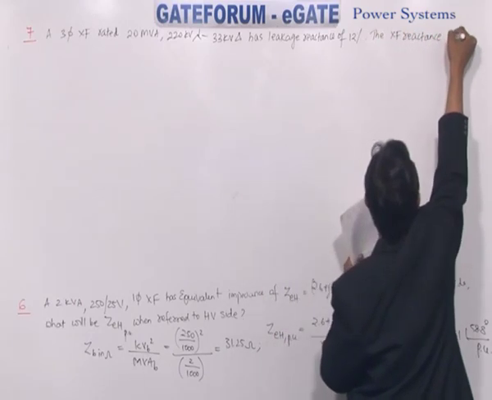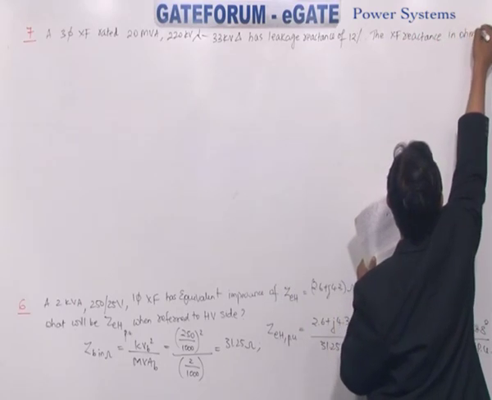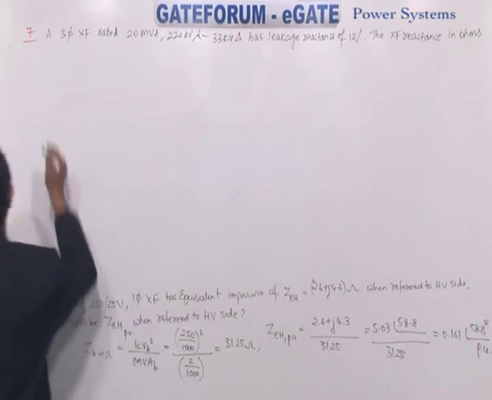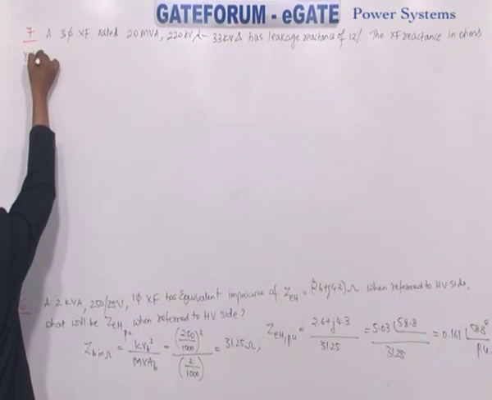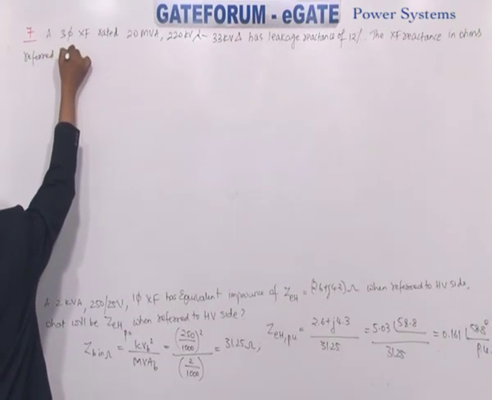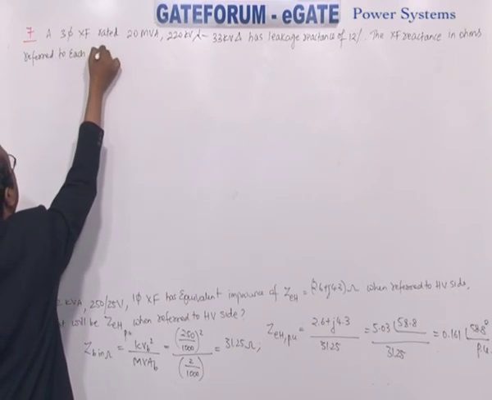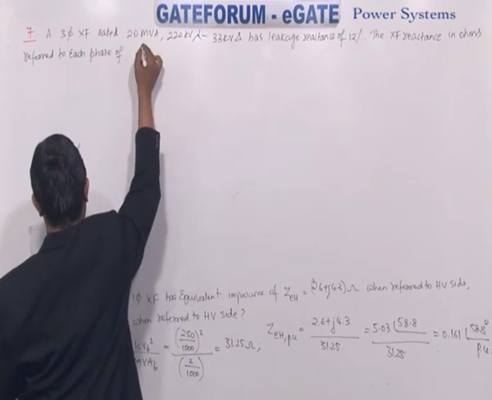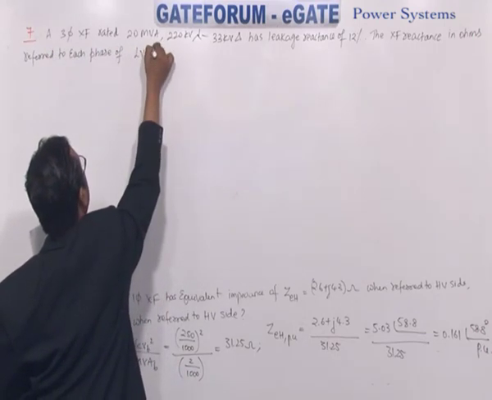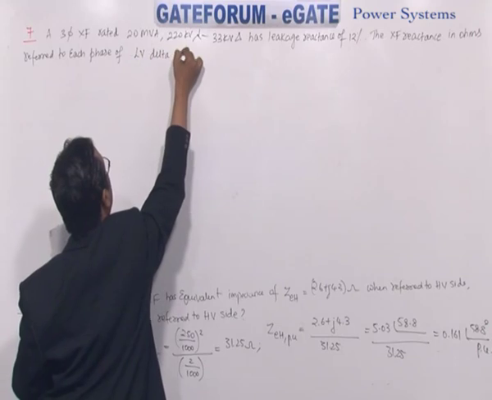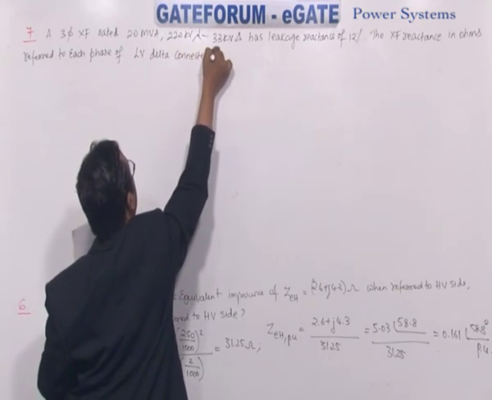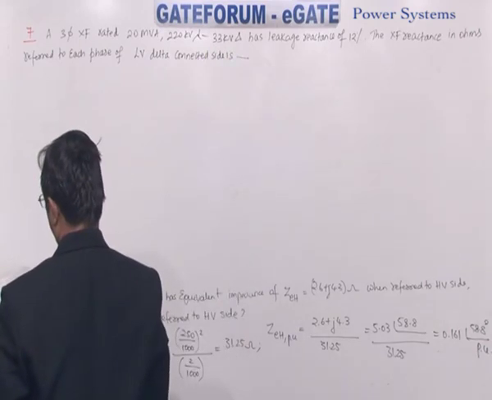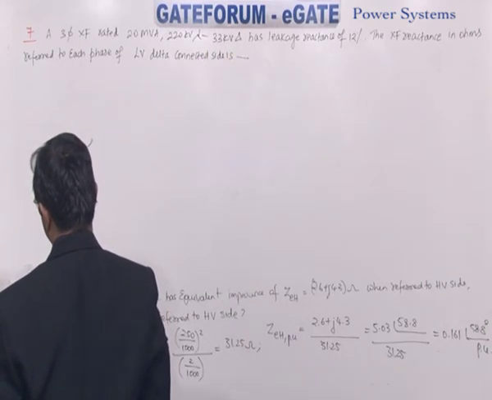The transformer reactance in ohms referred to each phase of low voltage delta connected side is.